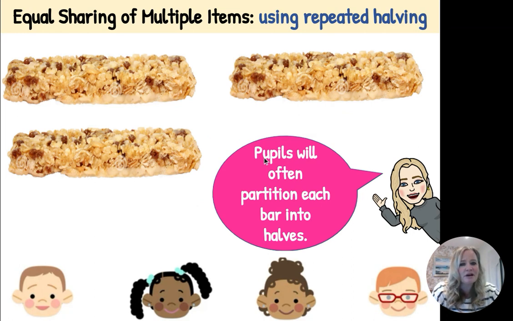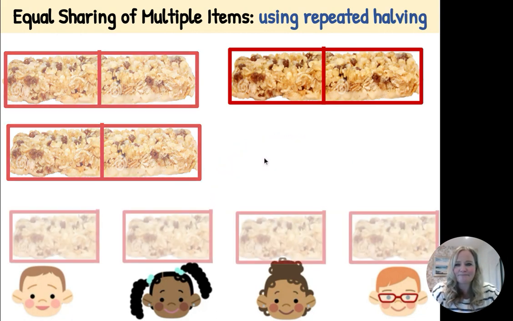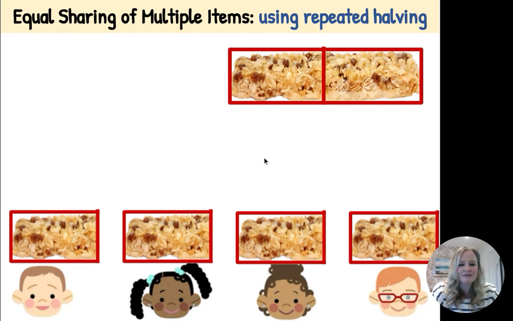Pupils will often partition each bar into halves to start off with. They automatically want to half things. That's what they naturally go towards doing. So they've halved the 3 bars into 6 pieces. That means each person is getting 1 half. We now have 2 halves left.